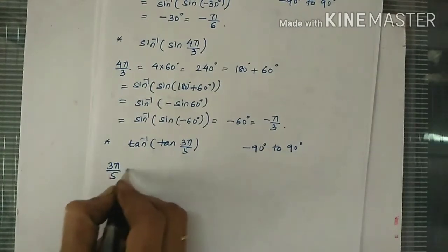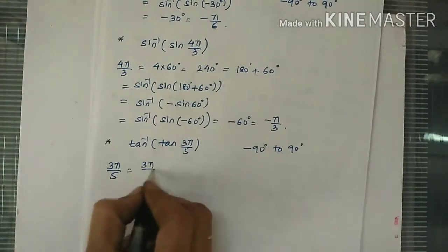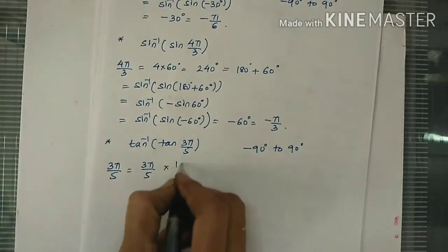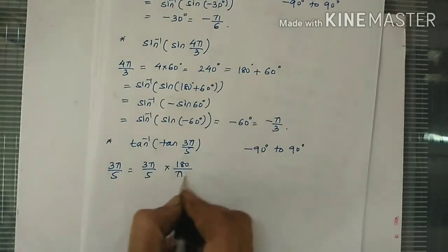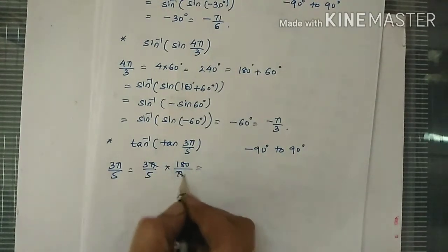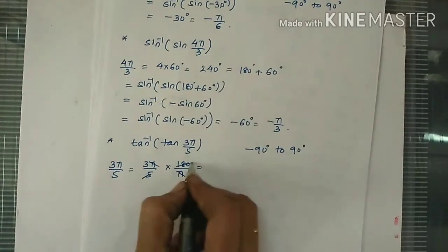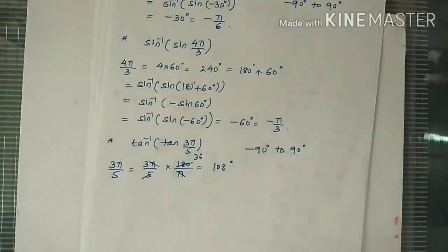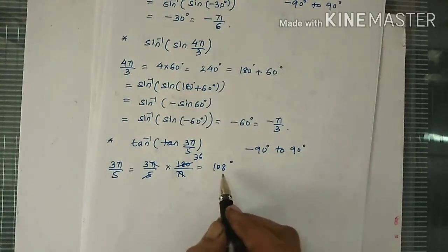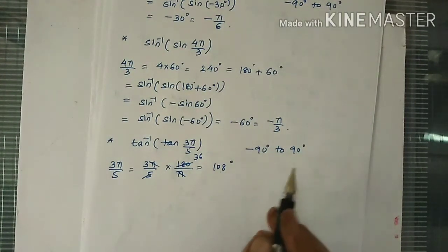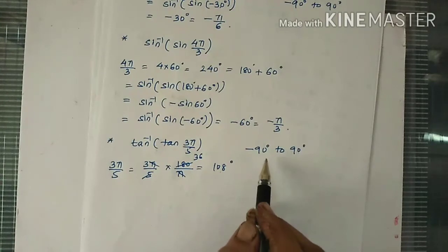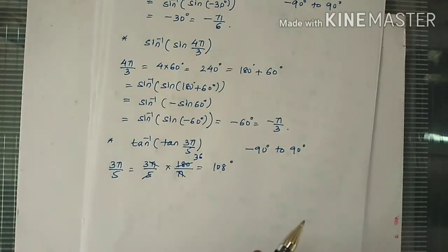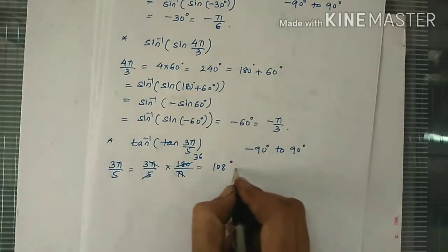Now 3 pi by 5 is 3 pi by 5 into 180 upon pi. This pi gets cancelled. Dividing by 5, here we get 36, which gives us 108 degrees. But 108 degrees is greater than 90. It does not lie between minus 90 and 90. So we have to convert this.